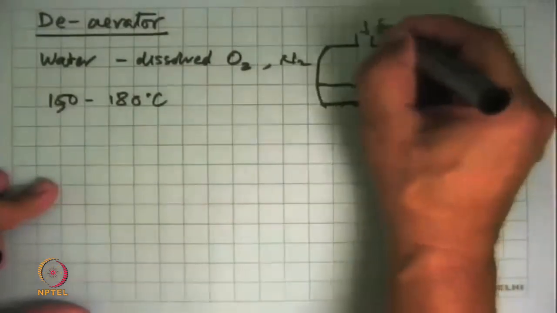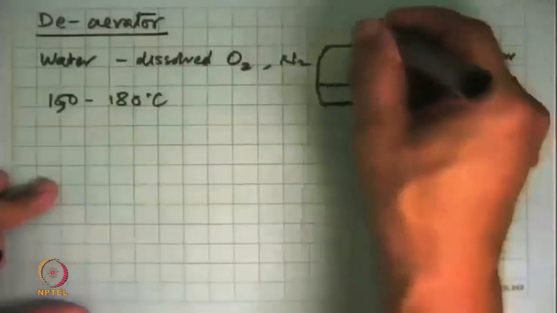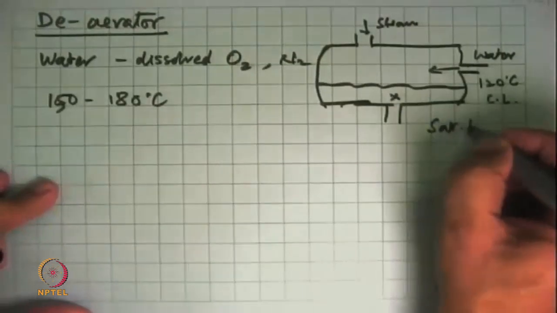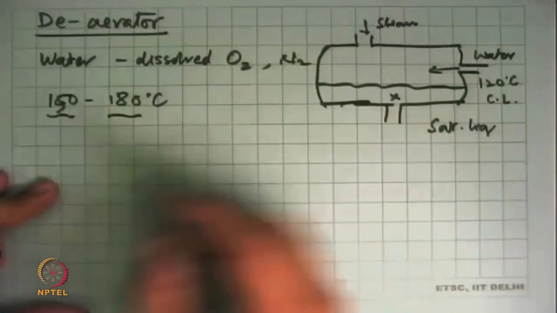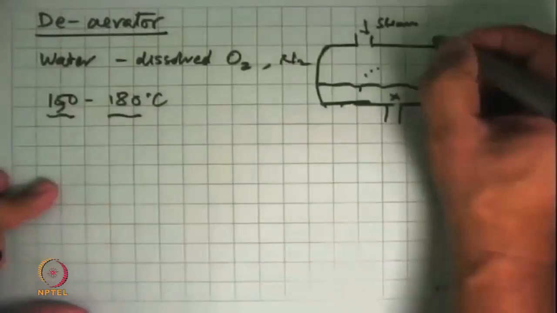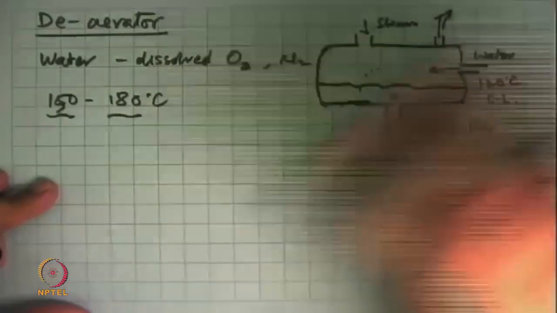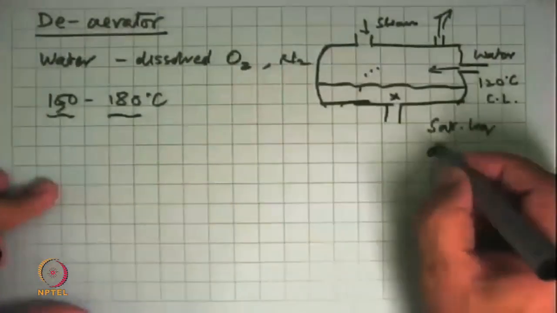Here we put steam, which could be slightly superheated, and we adjust the flow rate of steam and water in such a way that what you get here is saturated liquid at 150 to 180 degrees Celsius. The oxygen comes out here, and we have a small opening through which some of the steam will continuously keep coming out. That way what you are left with here is deaerated water.